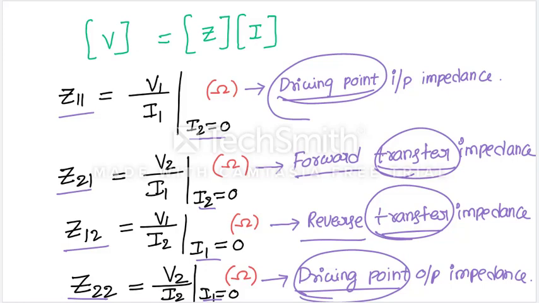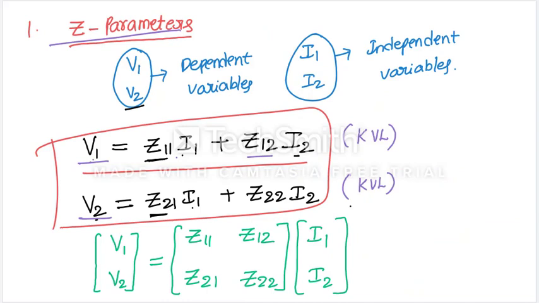When will the current become 0? When we make an open circuit. So that's why these are also called open circuit parameters.